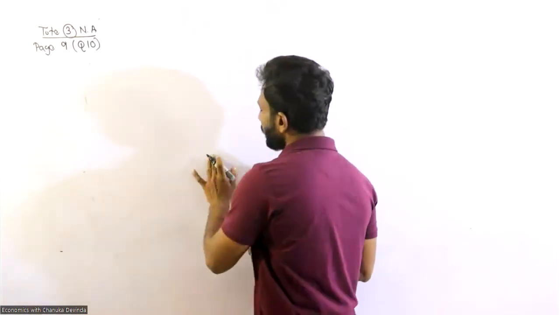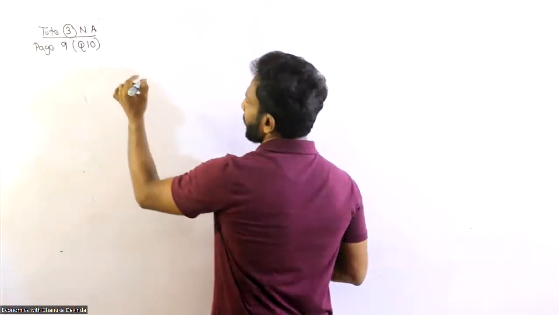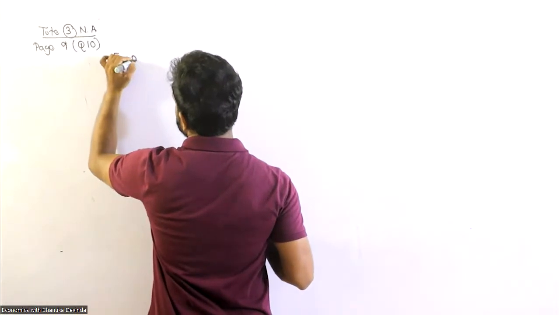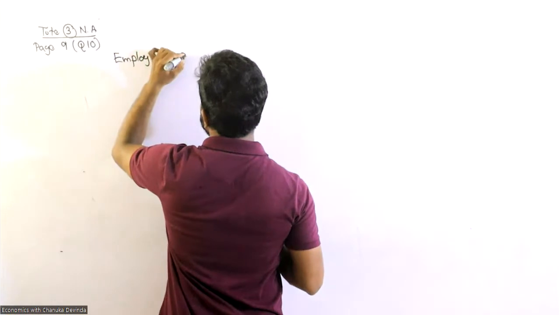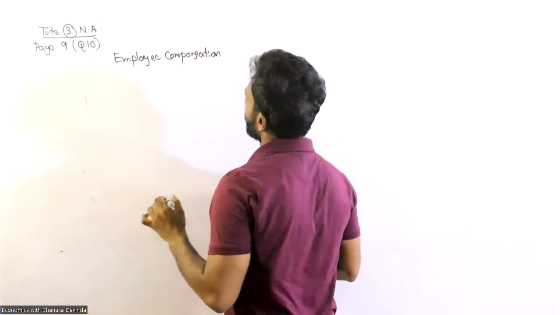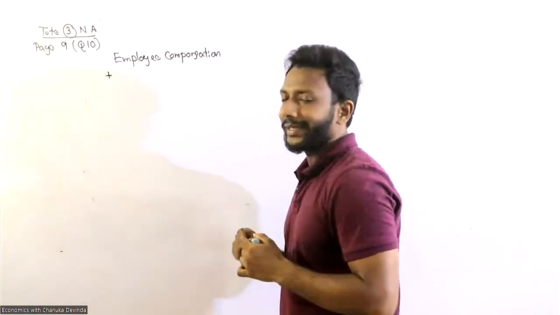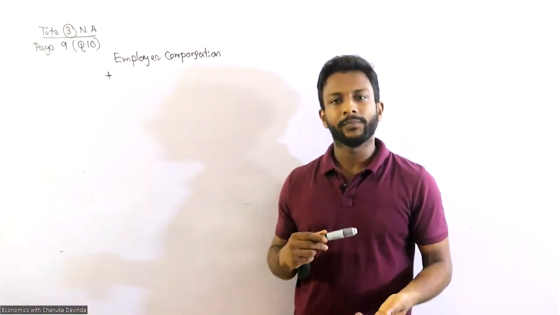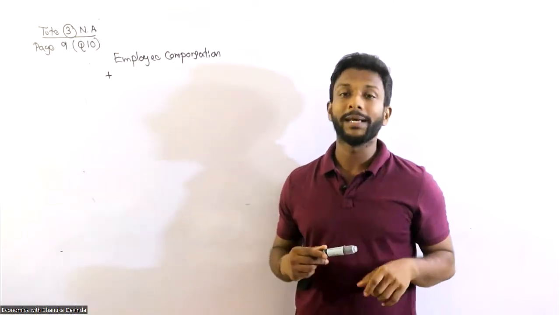So how do we calculate gross value added at basic price? Firstly, we need what? Employee compensation. And to that we need to add what? All the interest and rent income and corporate profit plus mixed income.